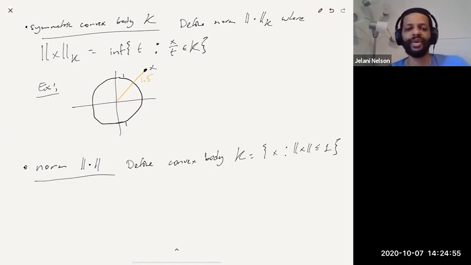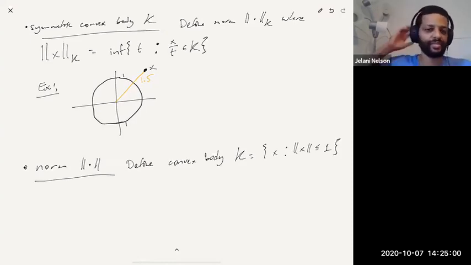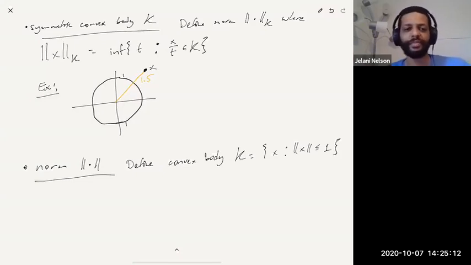So this is how from the Euclidean norm I get the circle, for example. L infinity norm, I would get a square. In high dimensions, I would get a box with side length 2, basically, because it goes from -1 to 1 in each dimension. Any questions about any of this?